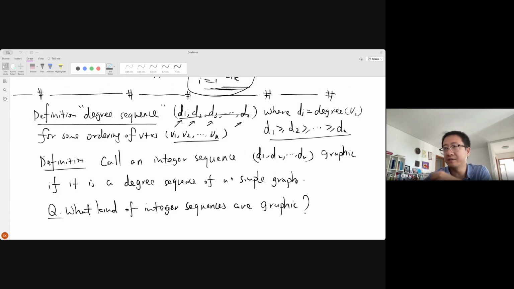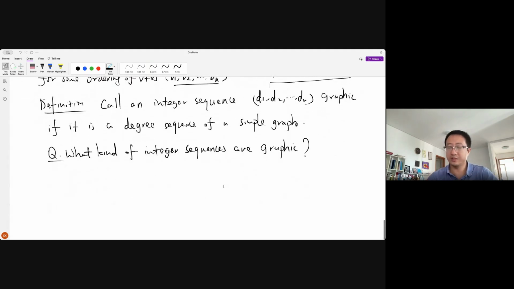If you realize there is a question here, and you sit down and solve it, it's a published paper. It happened many years ago, 70, 80 years ago. This was done by Erdős and one of his collaborators. So let me state a theorem, and next part I will prove this theorem.